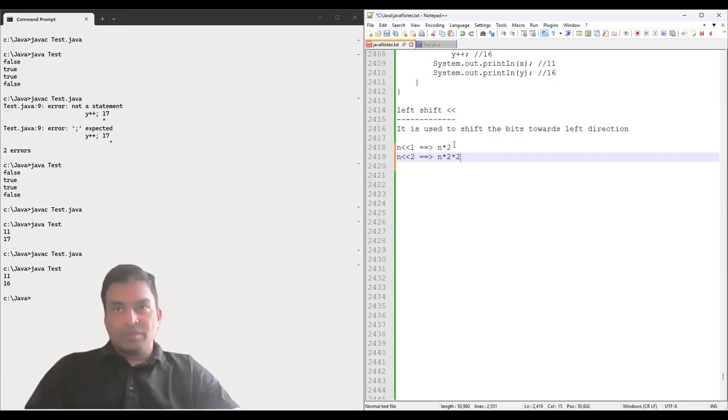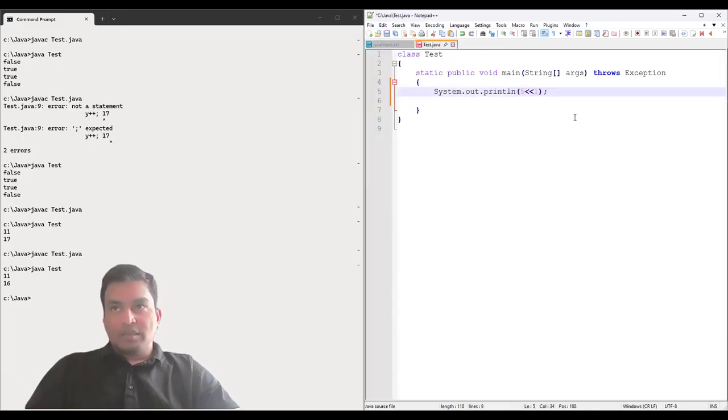That is 2 times. Let's see in this example. 5 shifting 1 time is going to be 5 into 2, which is 10.